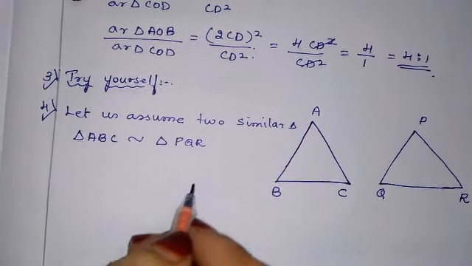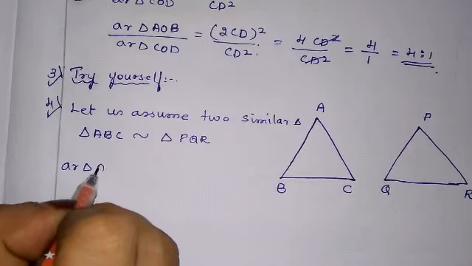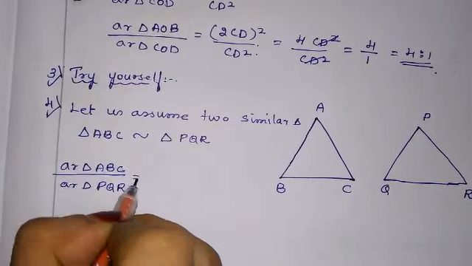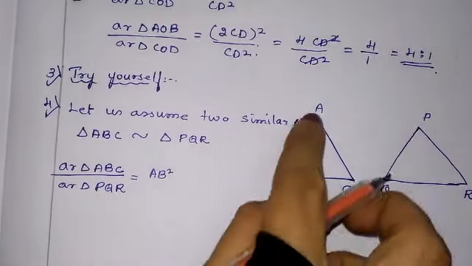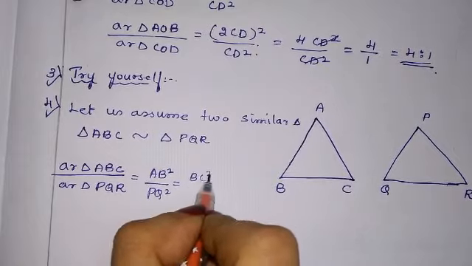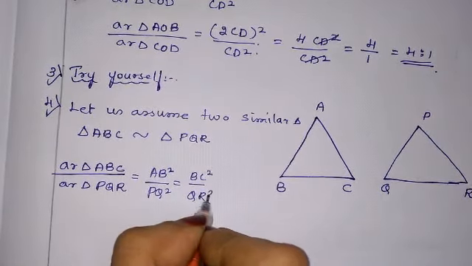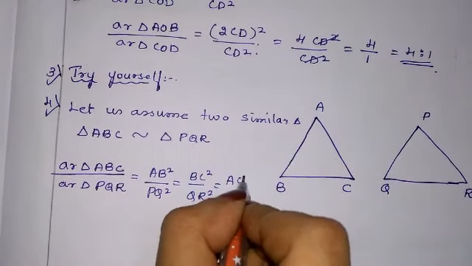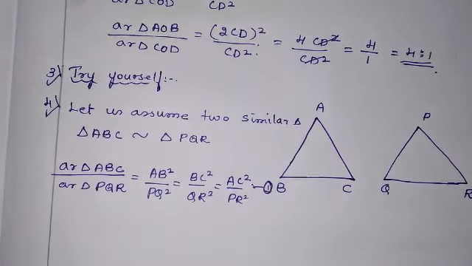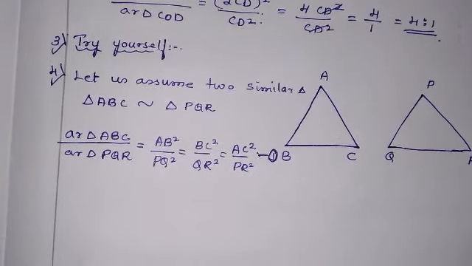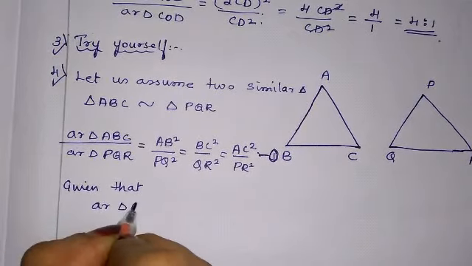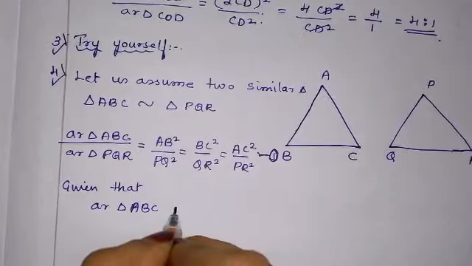Once the triangles are similar, according to the theorem, we know that area of triangle ABC upon area of triangle PQR is equal to AB square upon PQ square, according to the theorem, is equal to BC square upon QR square is equal to AC square upon PR square. This I'll write as equation 1.